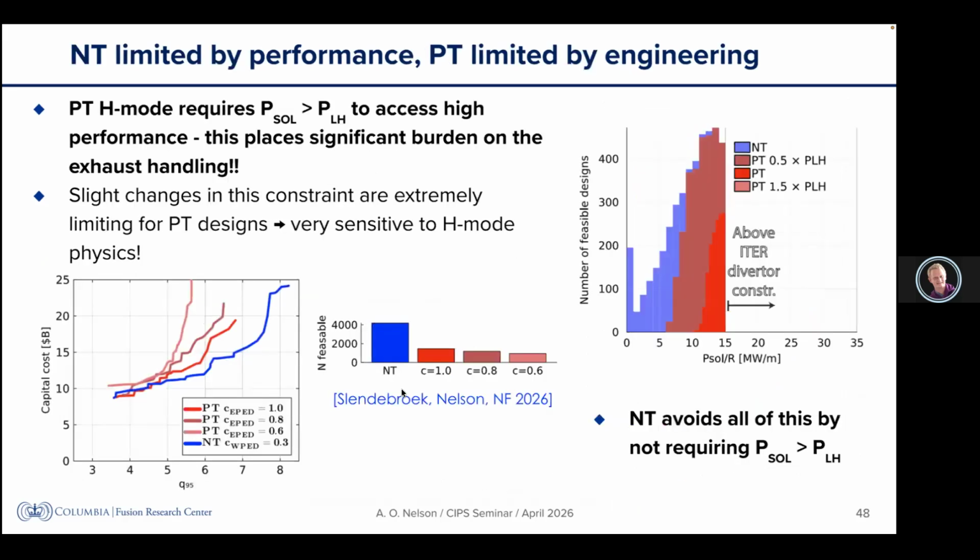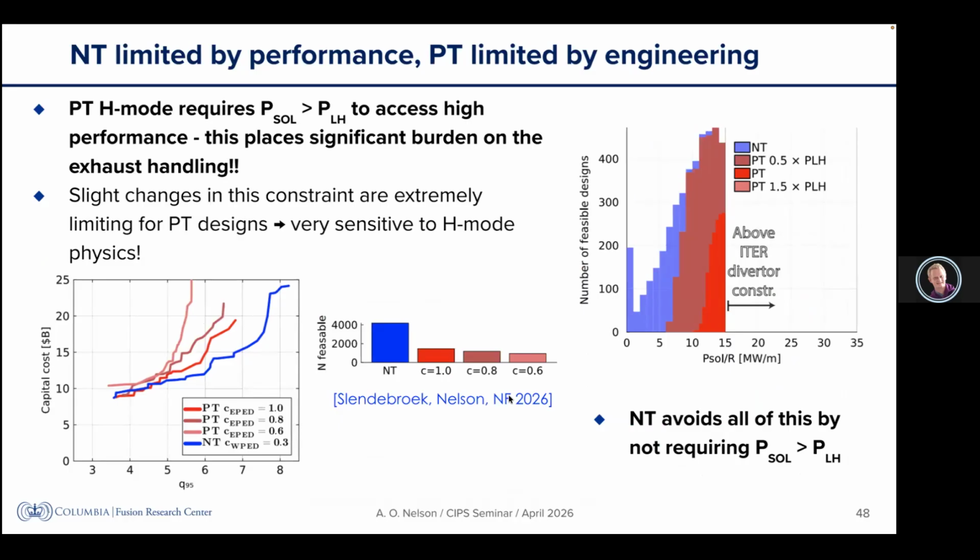But more importantly, I think positive triangularity requires you to have P sol greater than PLH, two other terms I haven't really mentioned. This basically means that in order to get into H mode, to have that H mode performance boost, you have to have enough power crossing the separatrix to generate your pedestal. And this is what we've observed and learned, right? But that power crossing your separatrix then is deposited on your divertor. So if you're looking at compatibility between power crossing your separatrix and going to the divertor, that's really tricky to do.